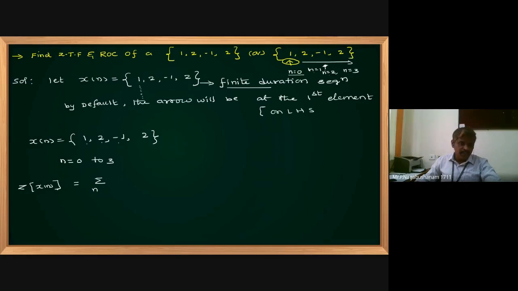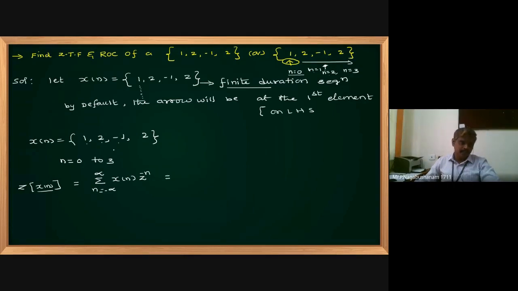Because it is discrete, we start with the summation symbol, not integration: summation n equal to minus infinity to plus infinity, x of n z power minus n. Initially we don't know what type of sequence it is, so we consider the entire axis, with kernel z power minus n.